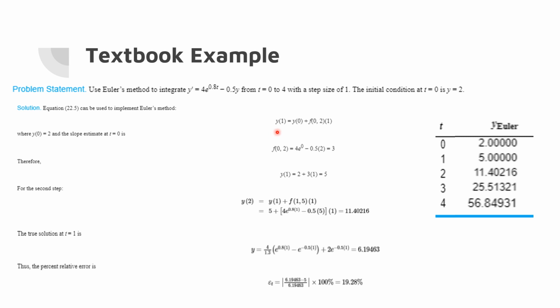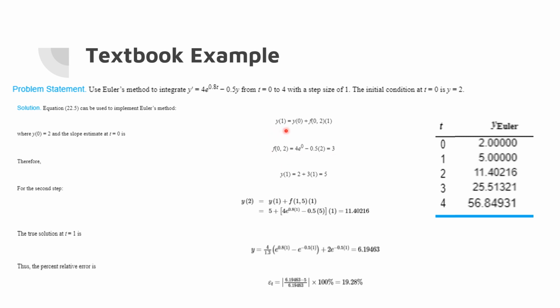To calculate y1, they are using the value of y when t is equal to 0 plus the function evaluated at the initial condition times the step size. Here you can see they evaluate the function at the initial condition and they get 3.